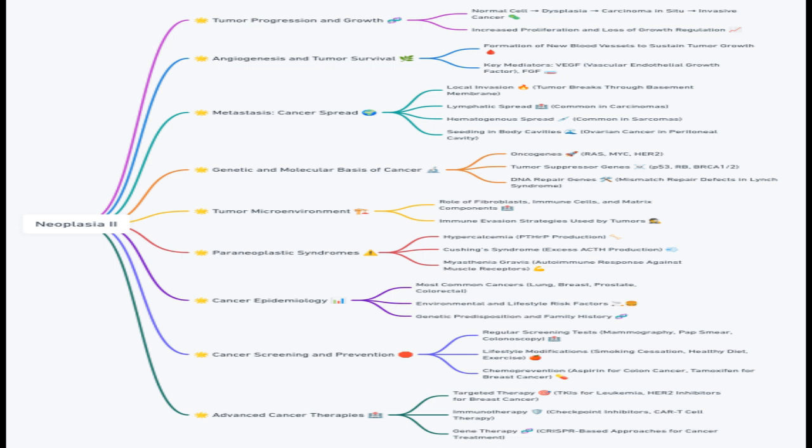The hedgehog pathway inhibitors like vismodegib and sonidegib are for locally advanced or metastatic basal cell carcinoma.